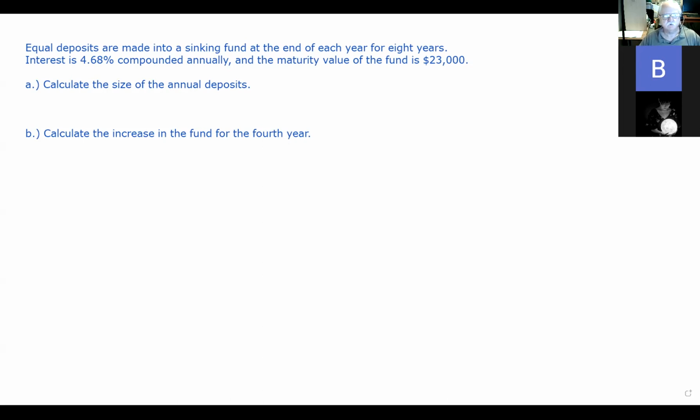We're saying this is 8 years, interest is 4.68%, and the fund is 23,000.